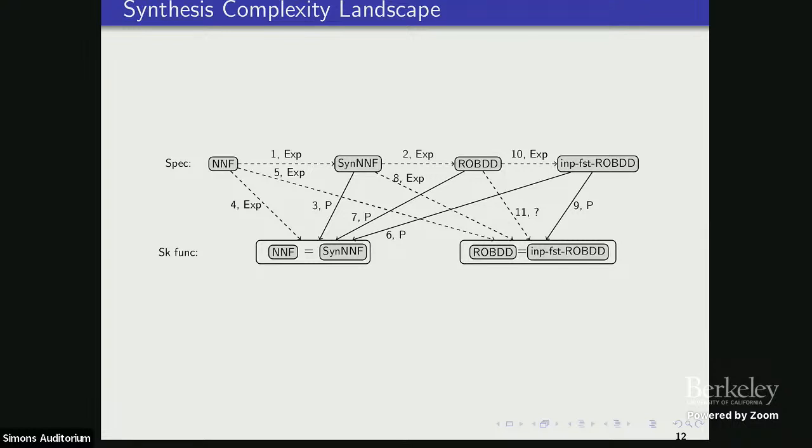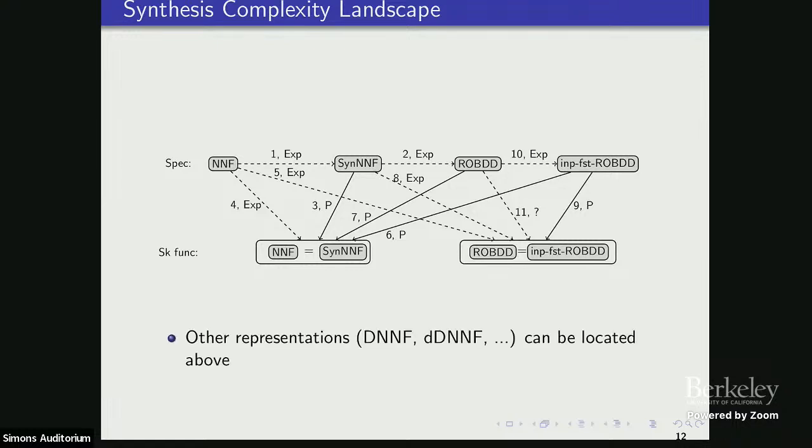But from input first ROBDD, we can get to NNF circuits in polynomial, and also to ROBDDs in polynomial. And of course, the Skolem functions only have the inputs in them, so an ROBDD is the same as an input first ROBDD. In the specification, you have inputs and outputs. In the Skolem functions, you have only inputs. So this is the kind of map that we have.